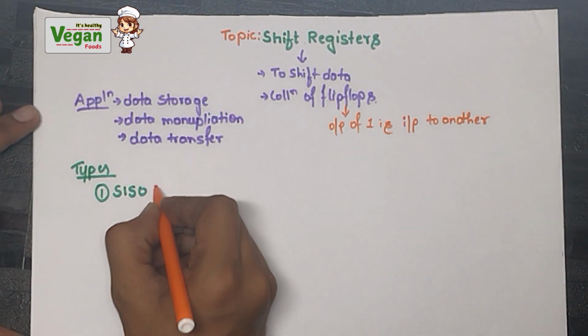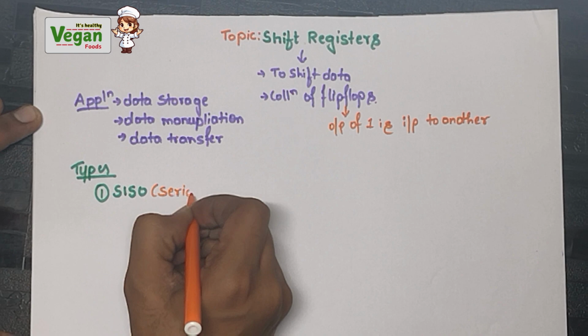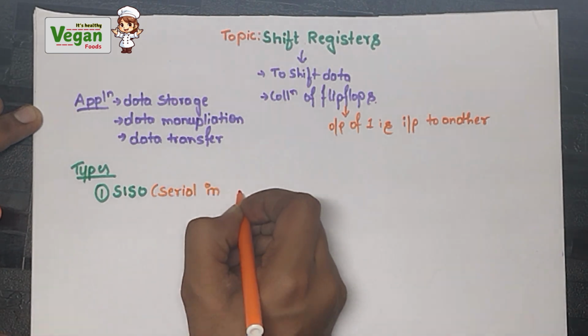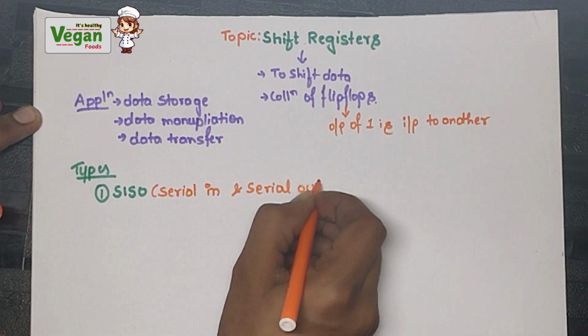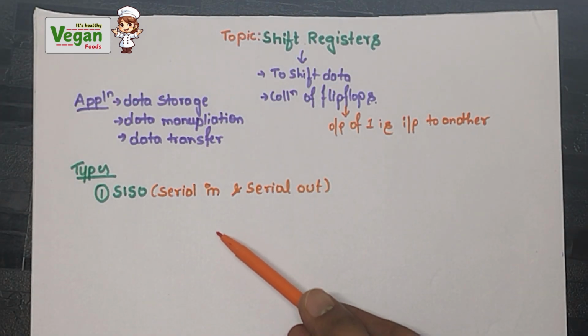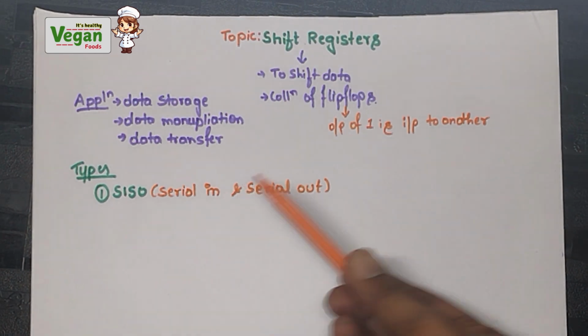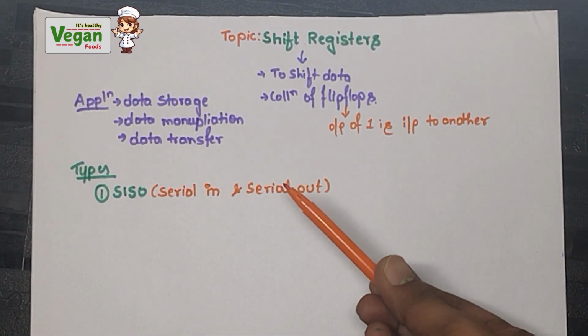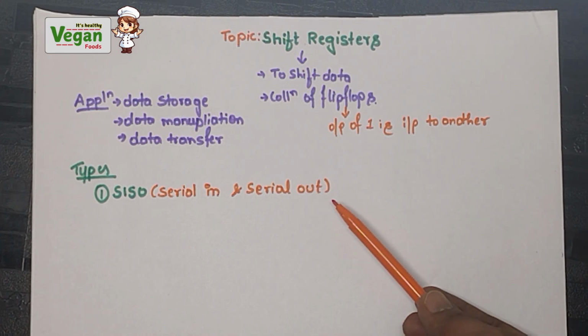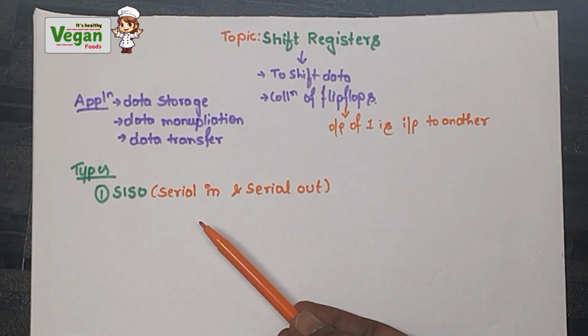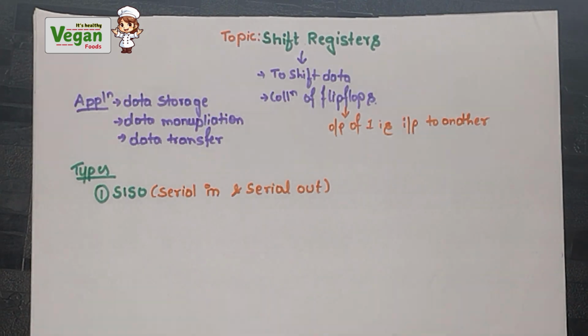SISO says serial in and serial out. The input will be given in series and the output will also be taken out in series.